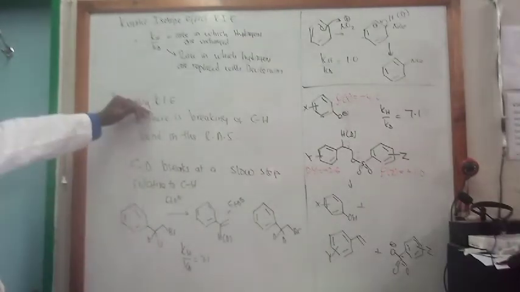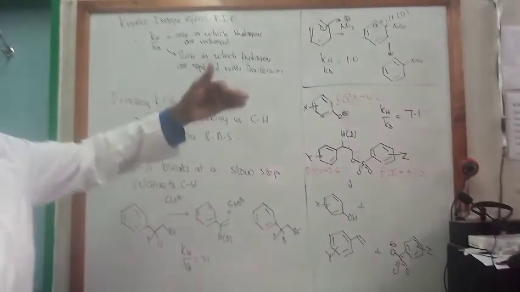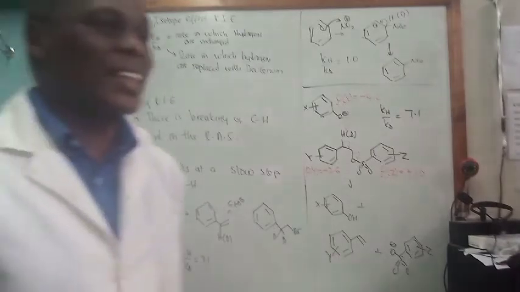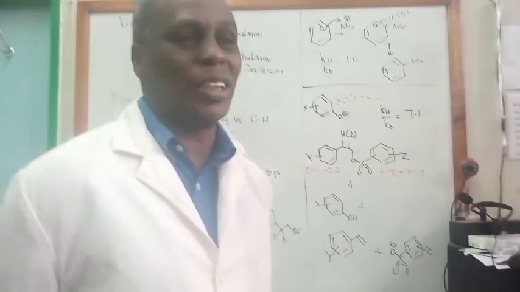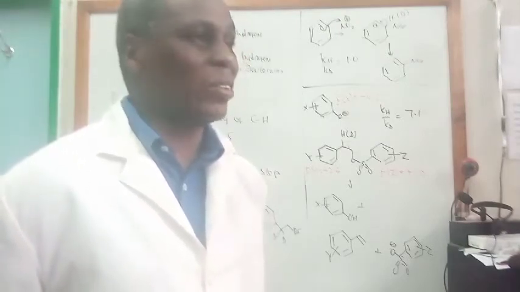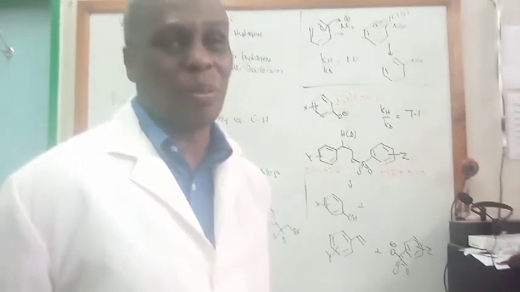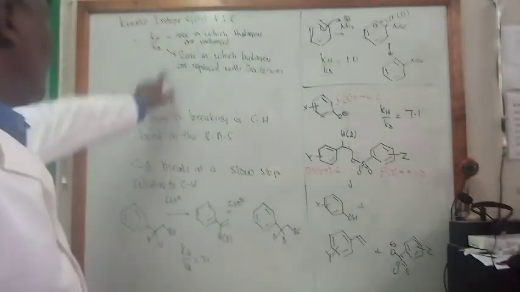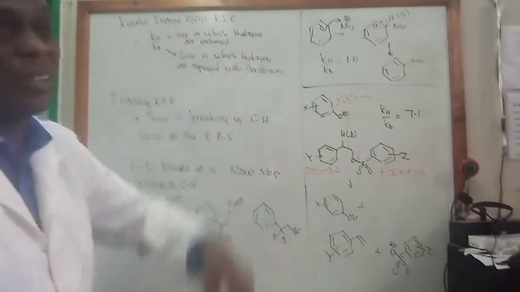There is the primary kinetic isotope effect, and then there is the secondary kinetic isotope effect, in which there is a rate determining step, but the carbon hydrogen bond breakage is not in the rate determining step. That's called the secondary kinetic isotope effect. In that case, the value between hydrogen and deuterium will be close to 1.